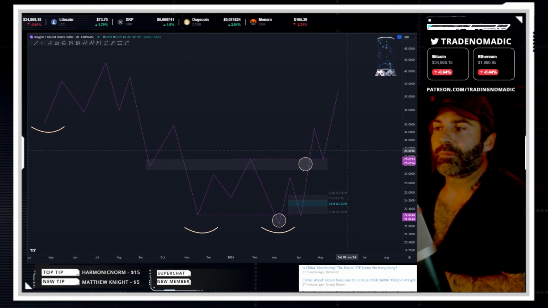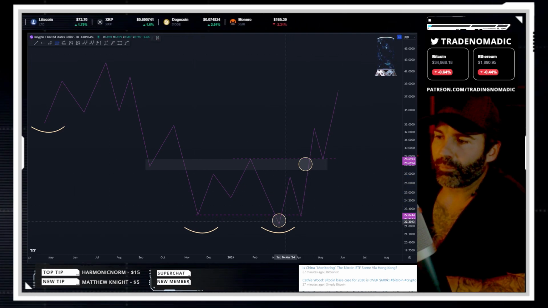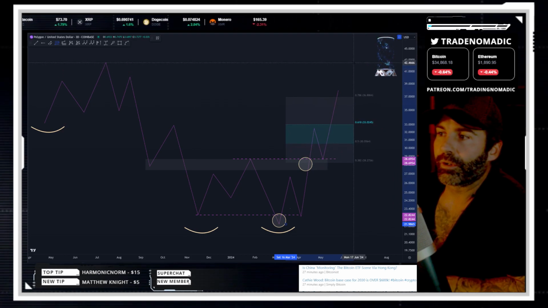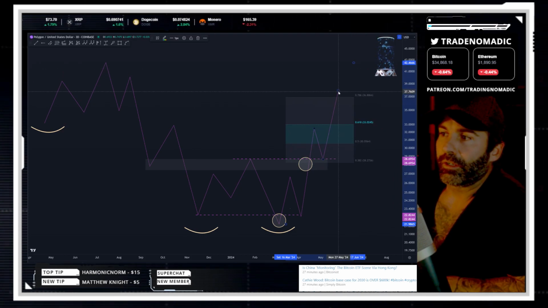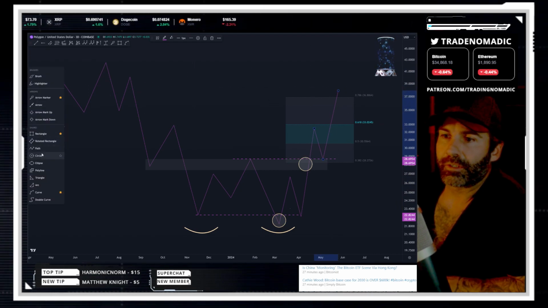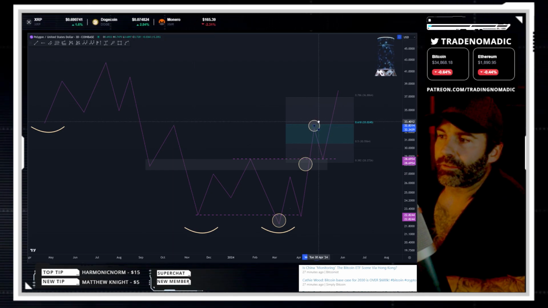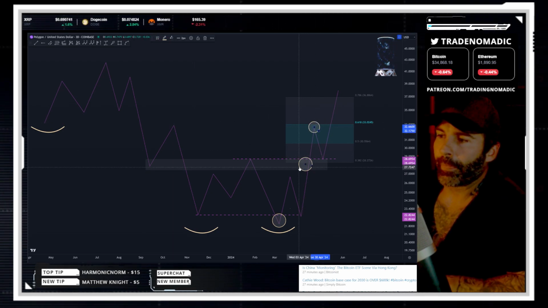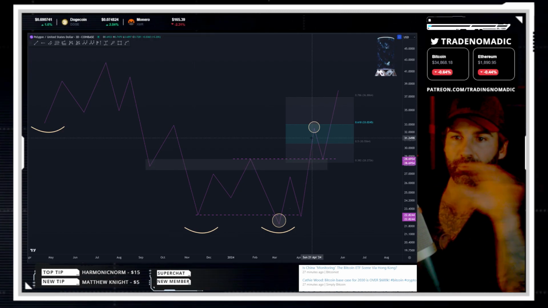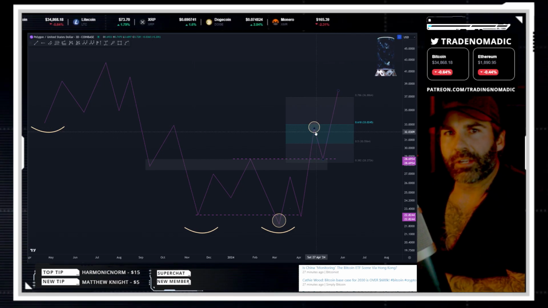Now, in a basic sense, for your target, first target a lot of the time is going to be the 618. Now, on a macro reversal dragon, usually they're going to go much higher than the 618.